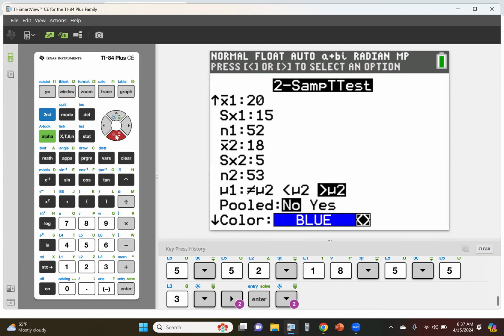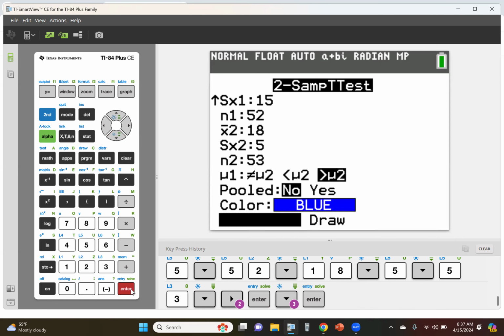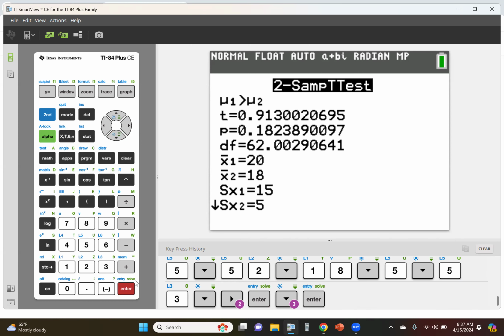So we're going to go down and calculate. Our t-score is 0.913. Our p-value is 0.1824. So let's go put that in.